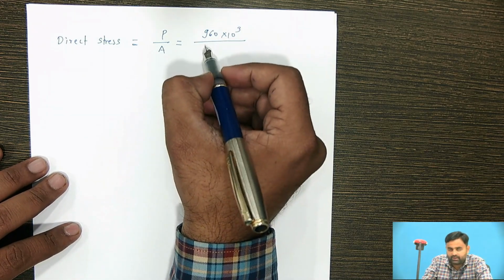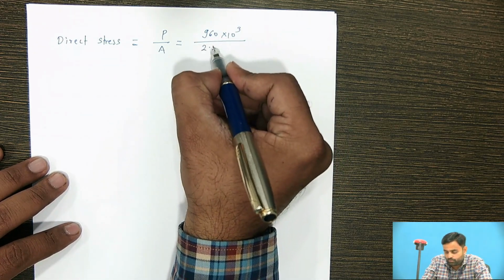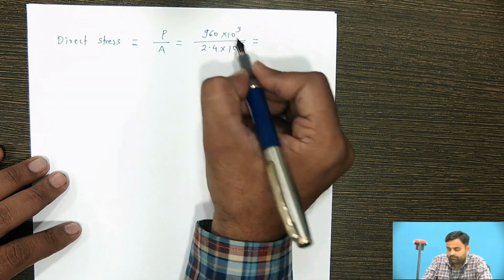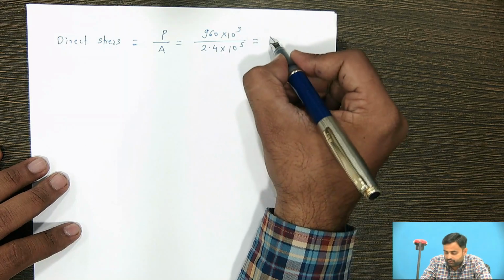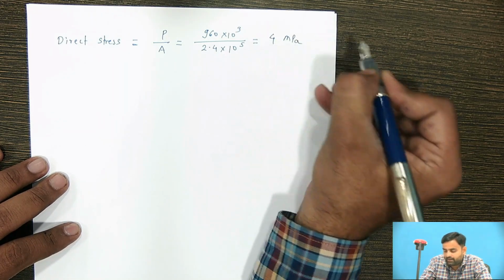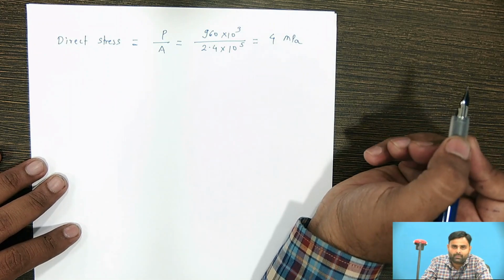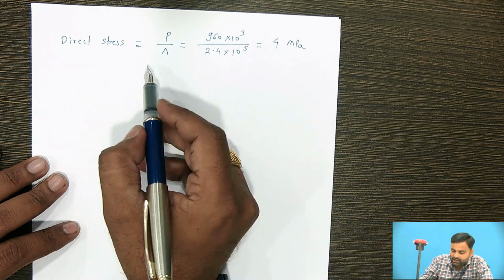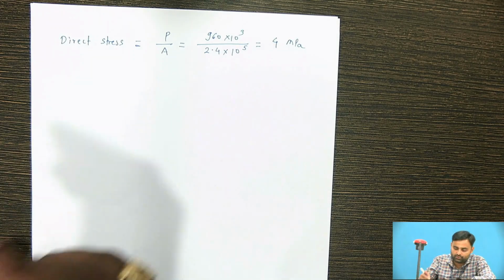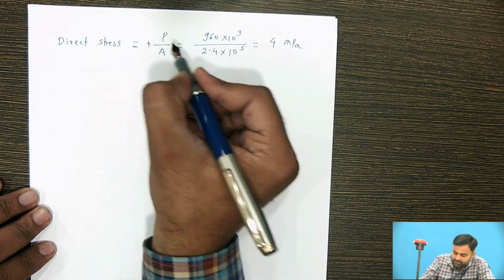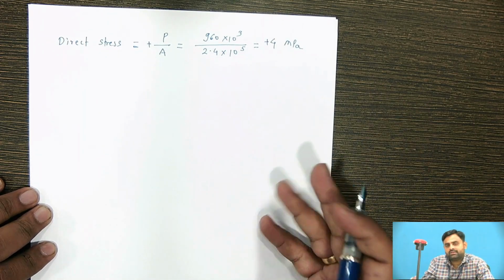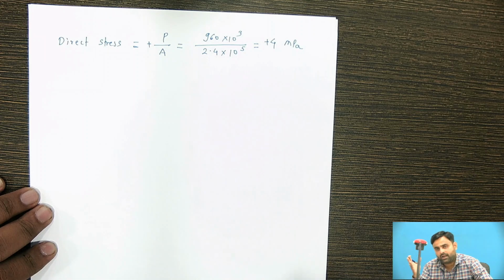Already we have calculated the area, 400 by 600, which is 2.4 into 10 raised to 5. When we solve this, we get the value as 4 Newton per mm square, that is 4 megapascal. And I have already told you direct stress is always the compressive stress. So this value is plus, because it is compressive. If the stress is tensile, then we will take it as a minus.